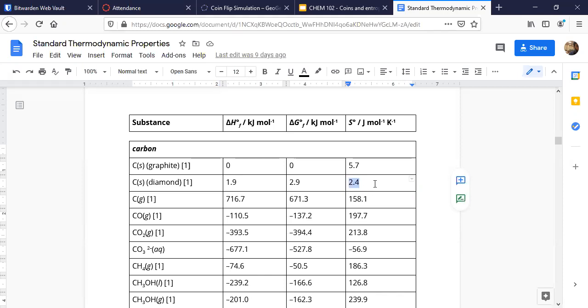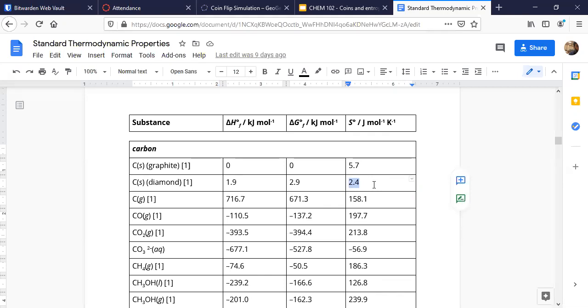But that entropy is still 2.4 joules per Kelvin per mole. Not times 10 to the minus 23rd. There's still a lot of microstates associated with carbon in the diamond phase.